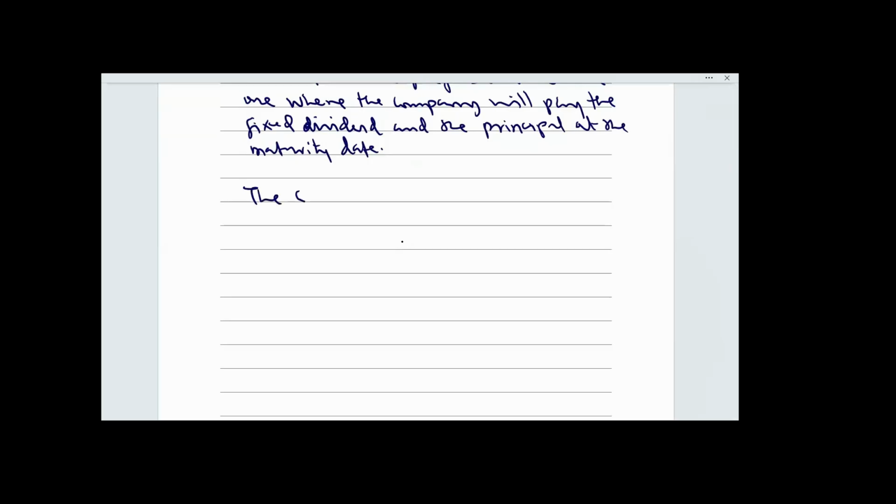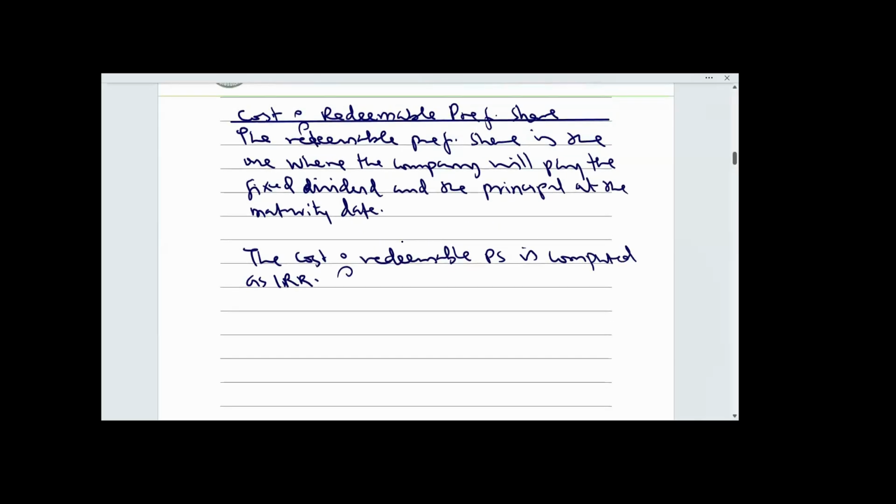The cost of redeemable preference share is computed as internal rate of return.